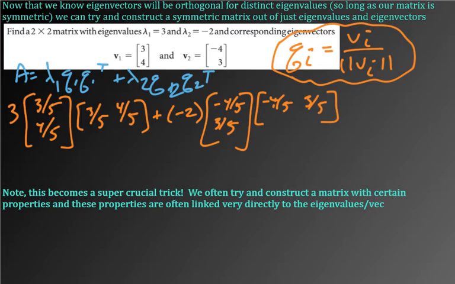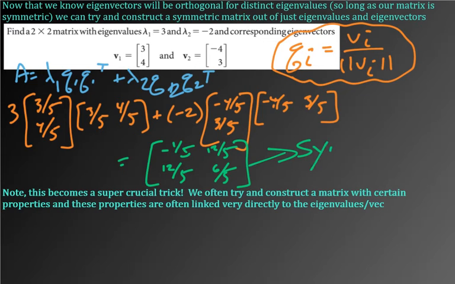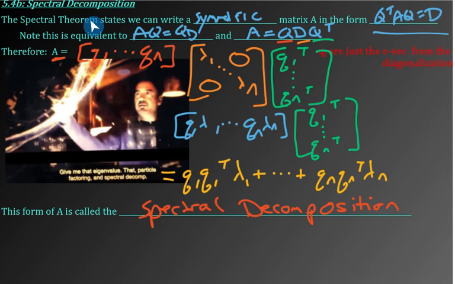Okay? And if you just crank through this, you literally get a 2x2 matrix: -1/5, 12/5, 12/5, and then 6/5. And notice that it is symmetric, okay? That shouldn't be surprising, because we're just using the spectral theorem, constructing A in this fashion. So we're going to get a symmetric matrix.